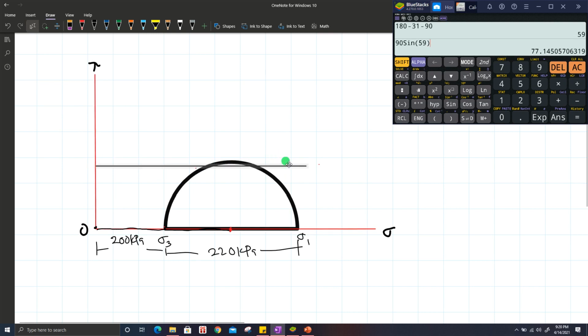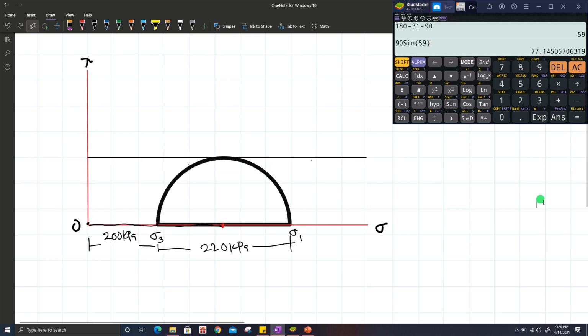So, ibig sabihin kung ganyan yung ating failure envelope sa UU, exclusive lang to sa UU, unconfined, undrained. So, this is your failure envelope.